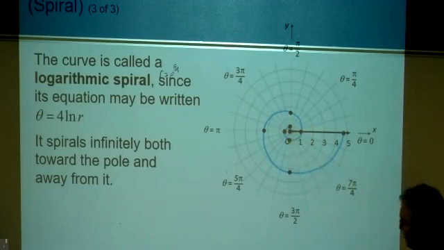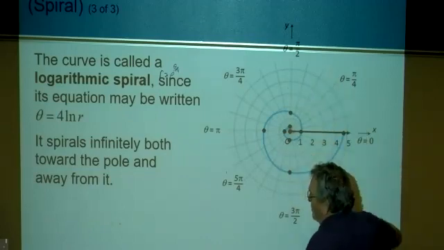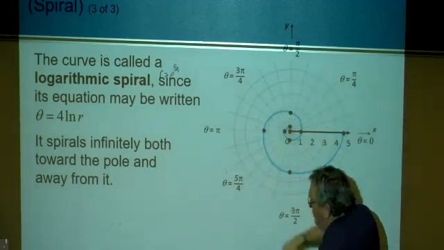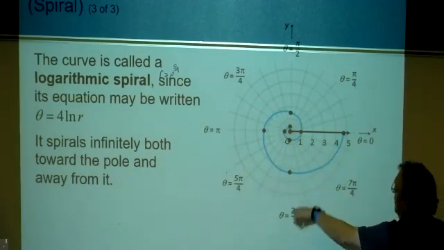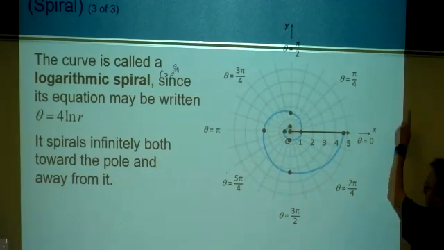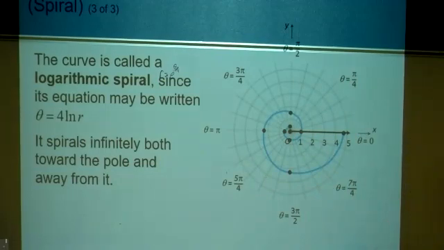But they do. But anyway, it spirals infinitely both toward the pole and away from it. So this spiral is just going to get larger and larger. And so each time around the circle, it's going to get exponentially further away from the pole.